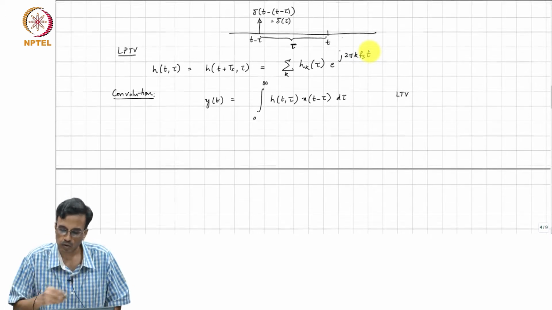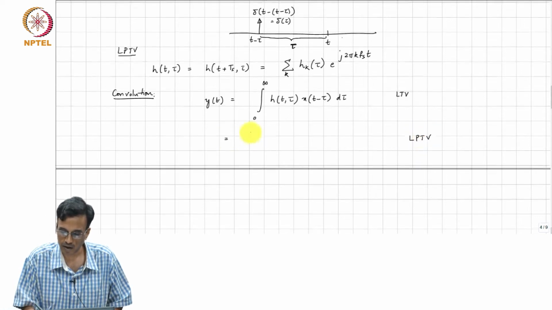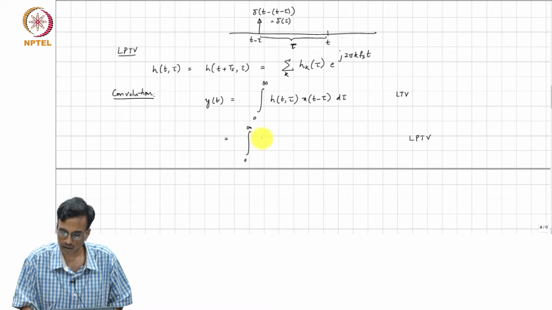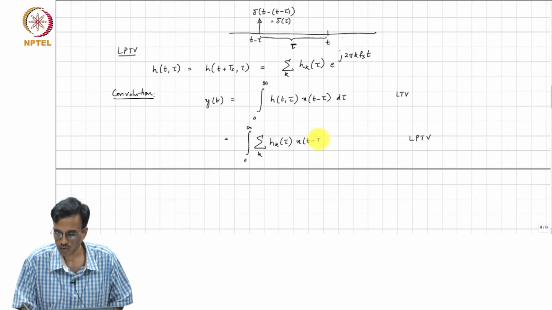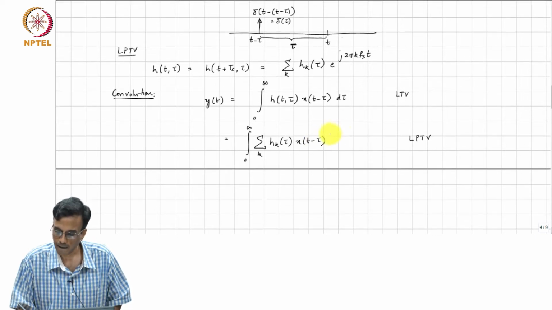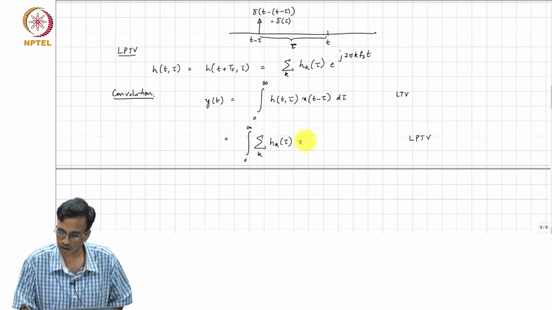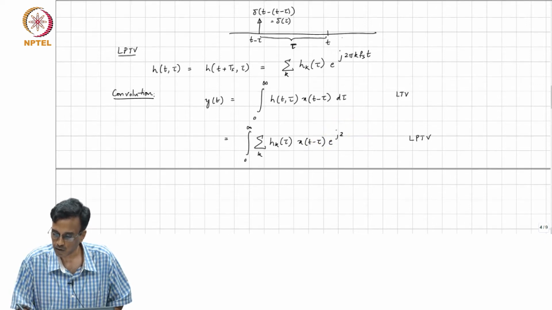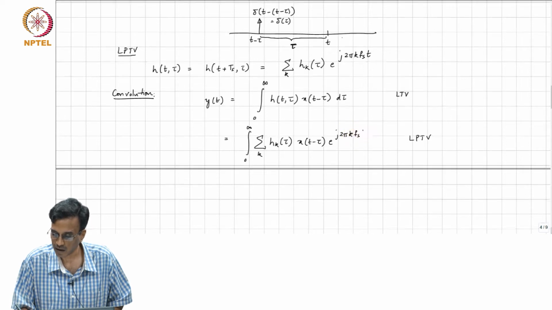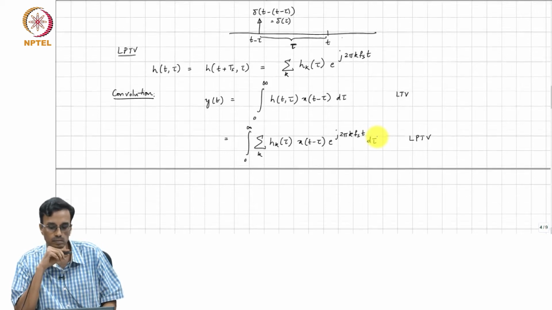all right. So, in an LPTV system therefore, this further reduces to integral 0 to infinity sigma over k h sub k of tau x of t minus tau, right. Sorry, I will write x of t minus tau e to the j 2 pi k f s times t d tau. Correct?